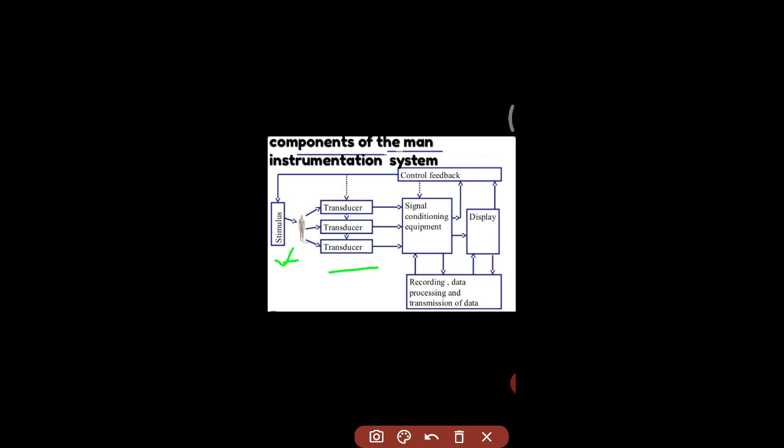The transducer may measure temperature, pressure, flow or any other variable that can be found in the body, but its output is always an electrical signal. Then this transducer's electrical output signal has to be sent to the signal conditioning equipment.